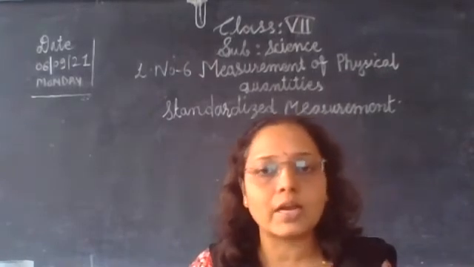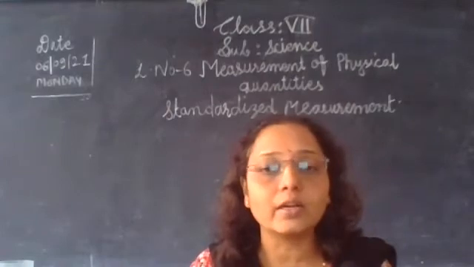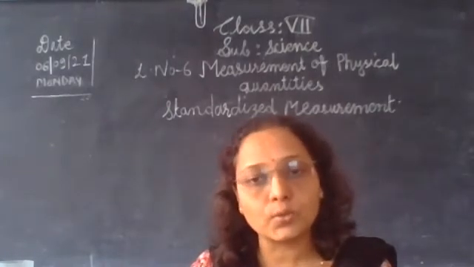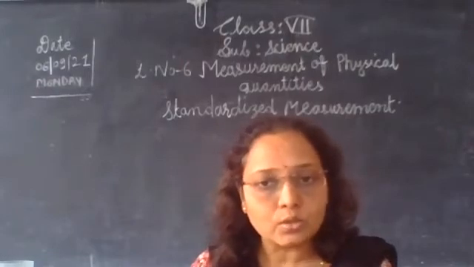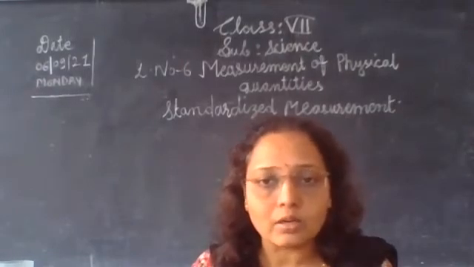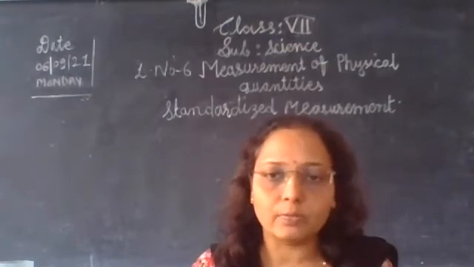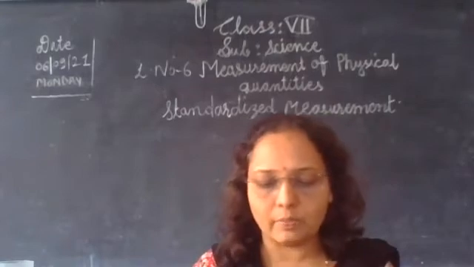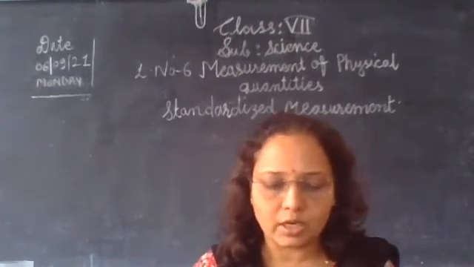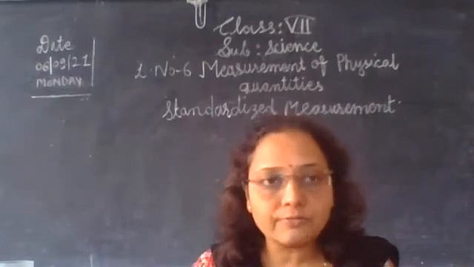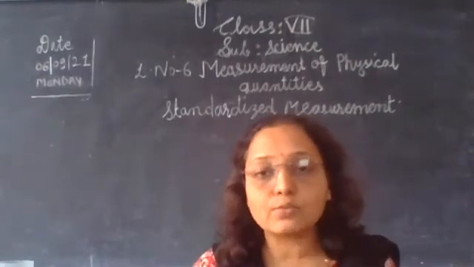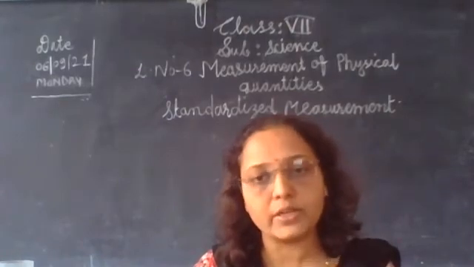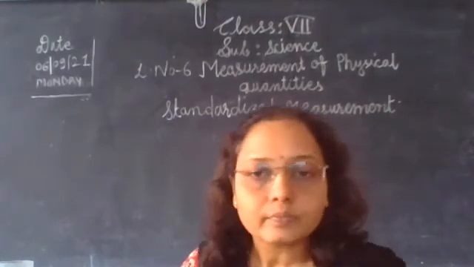No. Because that does not give an accurate length. क्योंकि किसी का हाथ छोटा है, किसी का बड़ा हाथ है, so some error occurs in the measurement of the length. The length of the cloth measured by each one of us will come out to be different. So that's why a hand span cannot be a standard unit for measuring length.